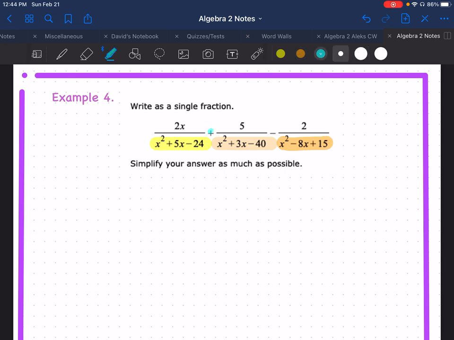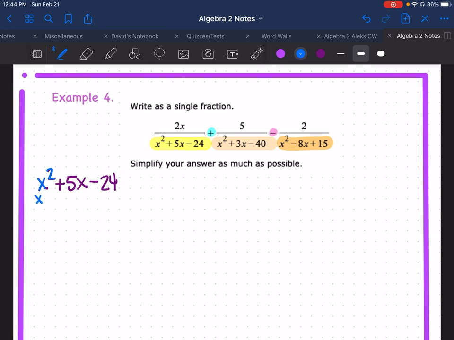They're not telling us to add or subtract because notice we have an add between the first 2 and we have a subtract between the second 2. We're going to start with our LCD, and we're going to start by factoring all 3 of our denominators. So let's get going because it's going to take us a little bit of time.